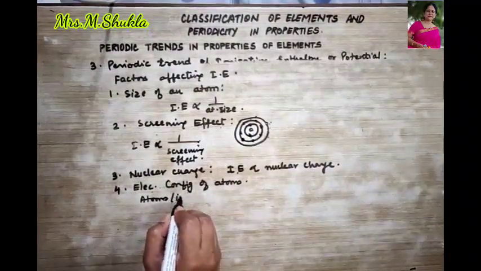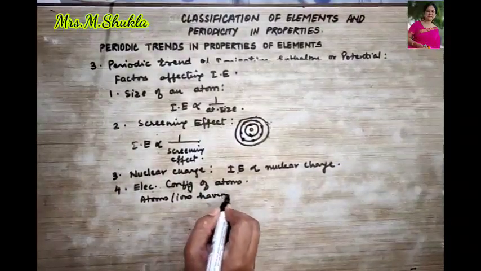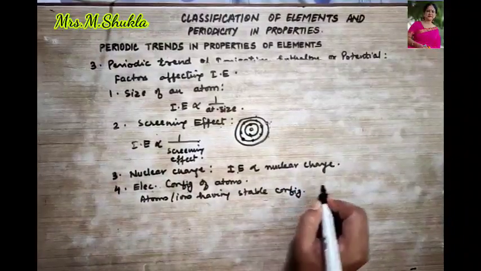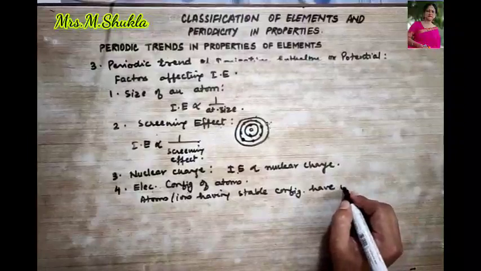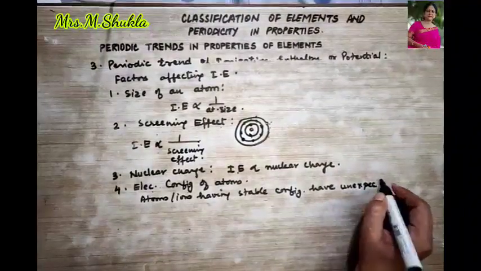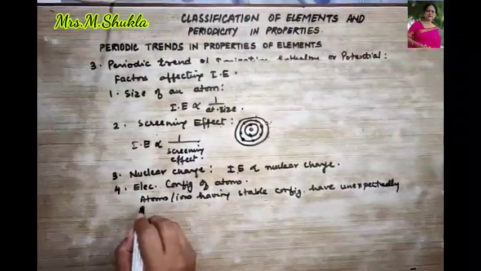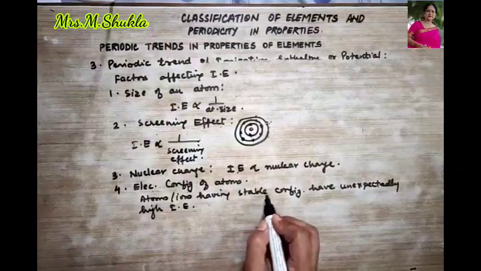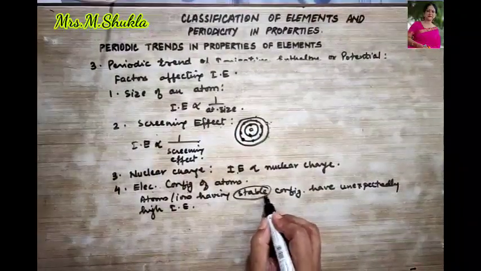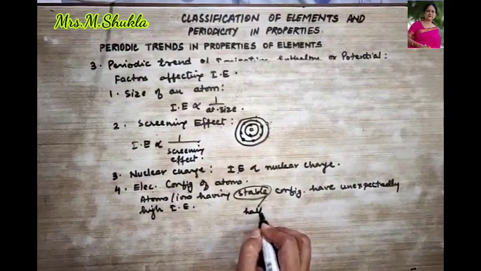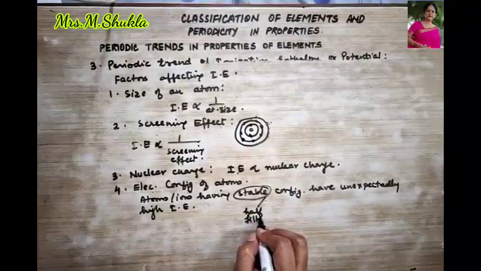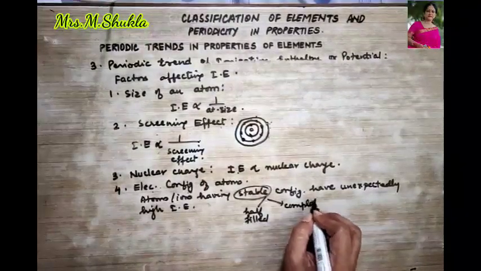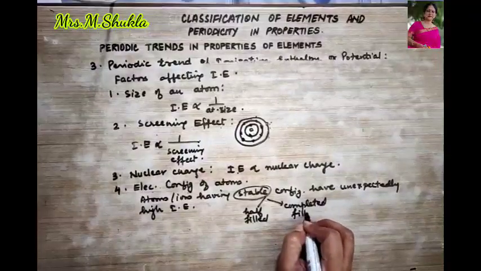Atoms or ions having stable configuration have unexpectedly high ionization enthalpy, right? What do we mean by stable configuration? That is, either the orbitals are half filled, or the orbitals are completely filled. Then only they are stable, isn't it?